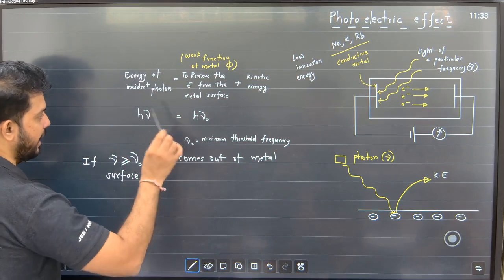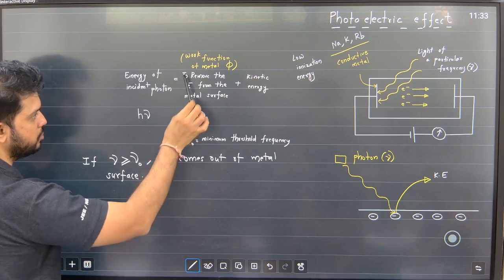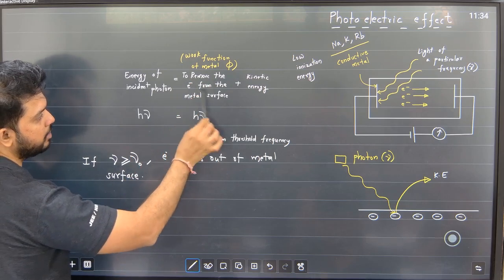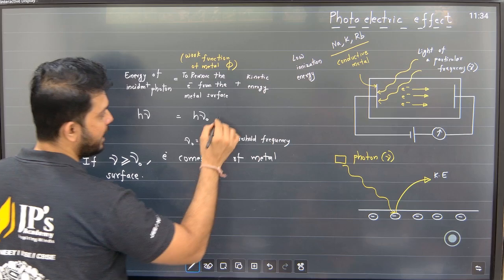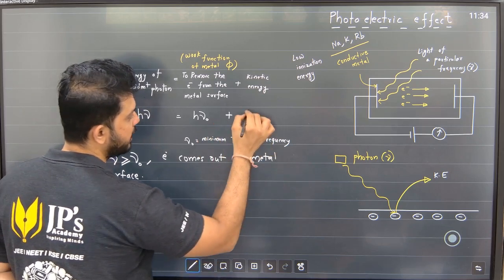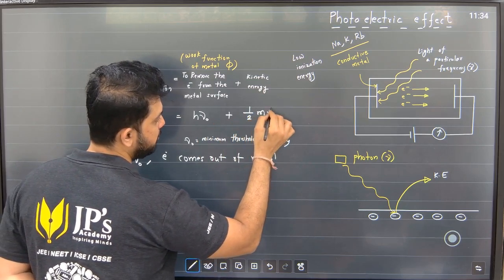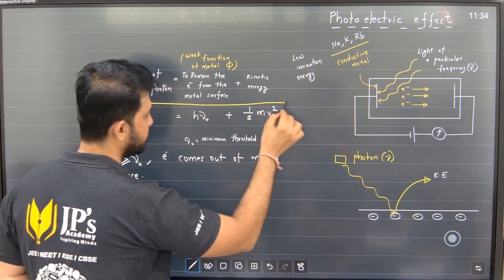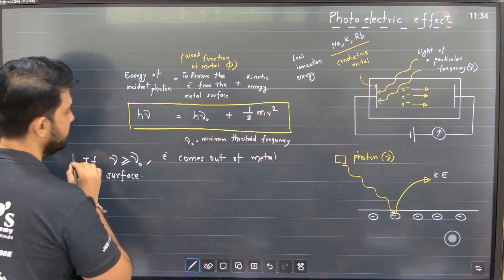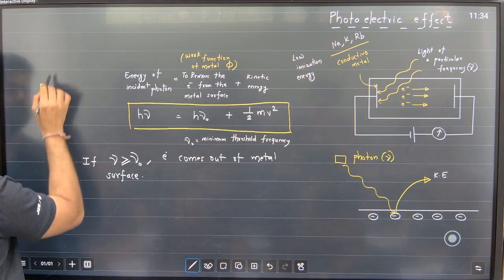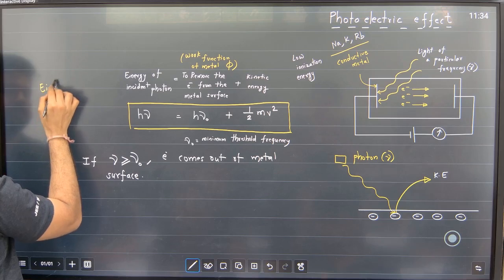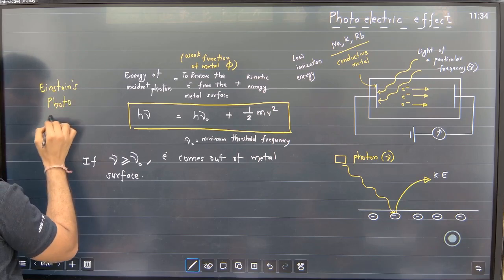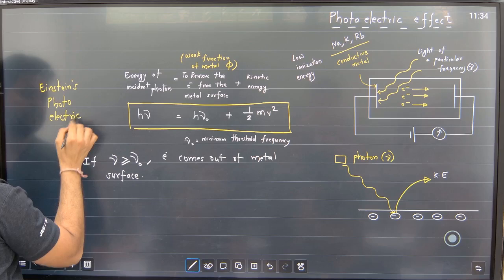So h nu, which is the energy of the photon, is equal to h nu naught, which is the work function. Work function is nothing but the energy required to remove the electron from the metal surface, plus some kinetic energy. What is the formula for kinetic energy? Half m v squared. This equation is known as Einstein's photoelectric equation.